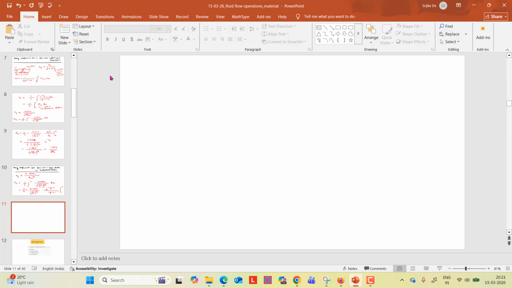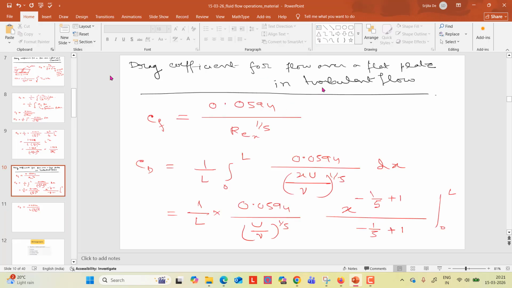So CD equals 0.0594 divided by L, (U by nu) to the power 1 by 5. One minus 1 by 5 means 4 by 5.